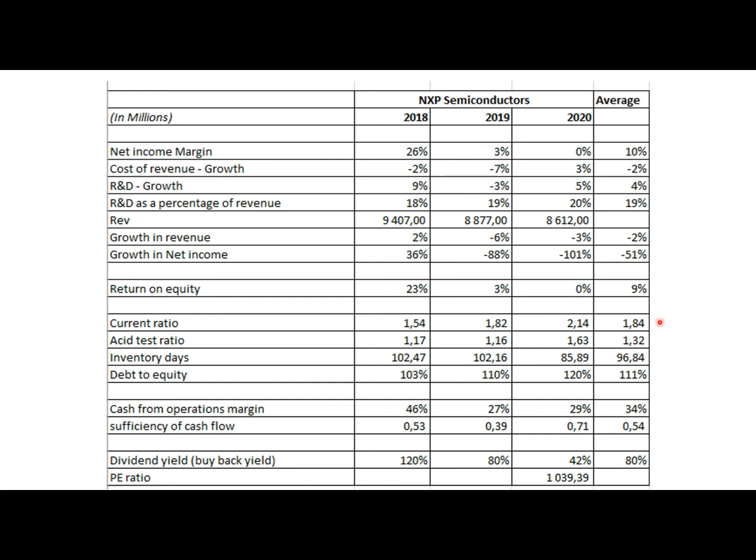It's really not a bad thing when you consider that NXP is not making any money. It's actually losing money, with absolutely no margins, losing in terms of profitability and market share, but it's still improving its balance sheet. So that's pretty good.